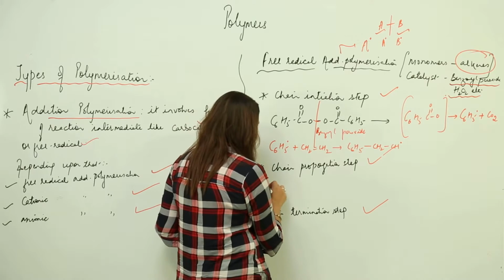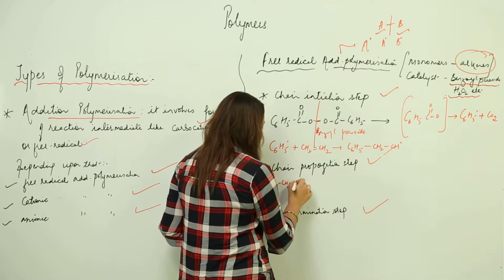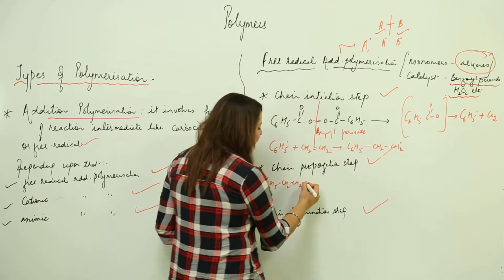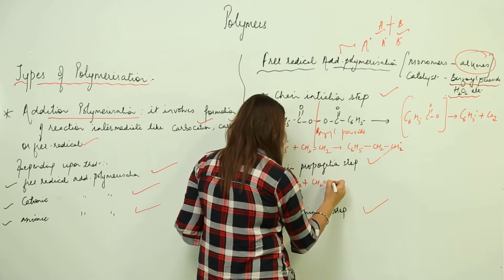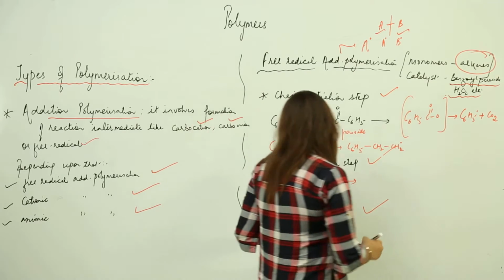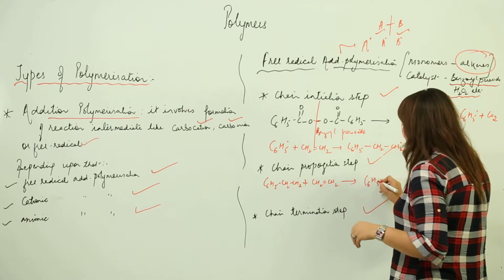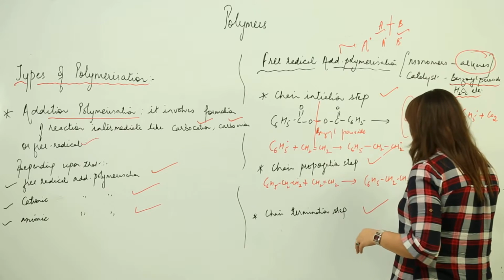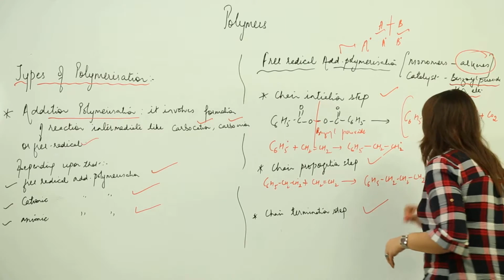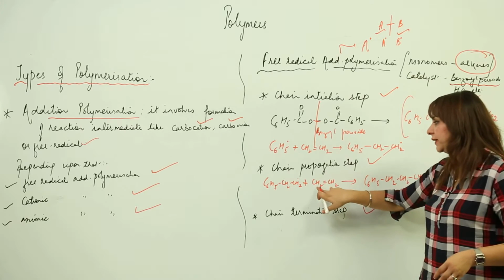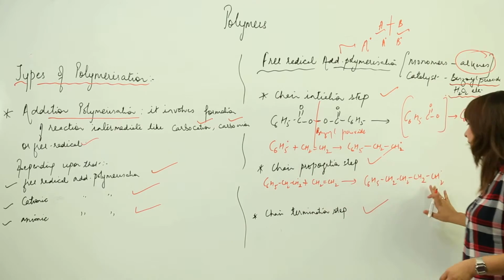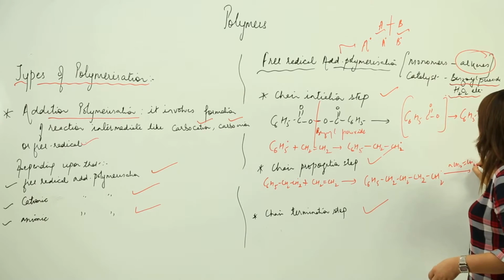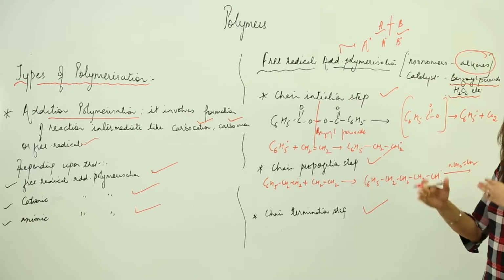Now, the reaction intermediate, this is CH2, will combine further with another monomer, let us say one more ethene, and the chain will start becoming longer, but it will still behave as a free radical. See, it's the same, I have just linked these two with these two, and this free radical is still here. Likewise, I can add n number of CH2 units, and the chain will become longer.